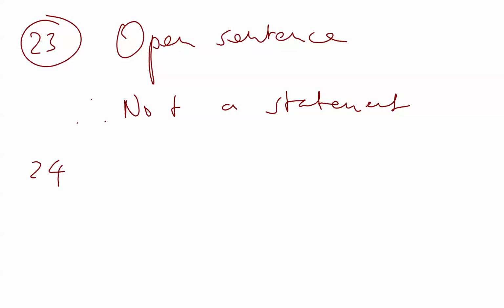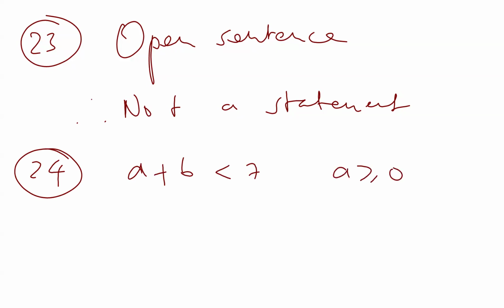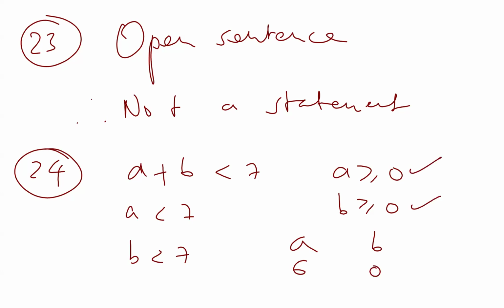24. A plus B is less than 7. A greater than or equal to 0, B greater than or equal to 0. Then A is less than 7 and B is less than 7. So this is true. A has to be less than 7. If A is 6, B will be 0. So these two criteria are fulfilled.